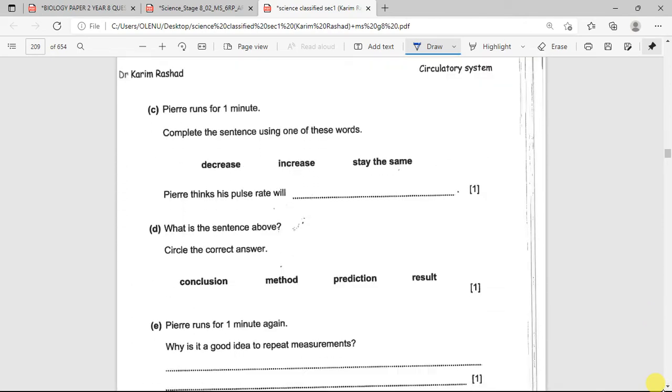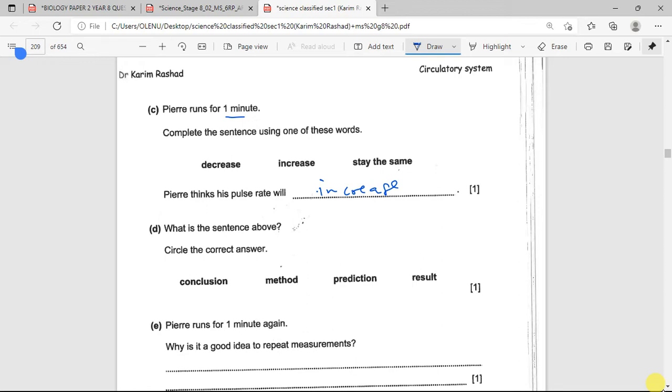Next is, Perry runs for 1 minute. Complete the sentence using one of these words. Perry thinks his pulse rate will increase when he runs. What type of statement is the sentence above? Circle it.